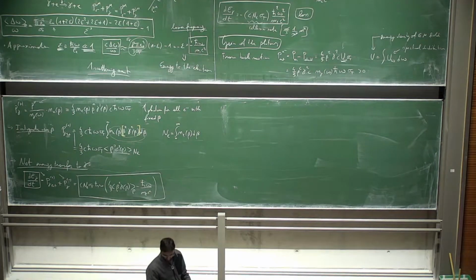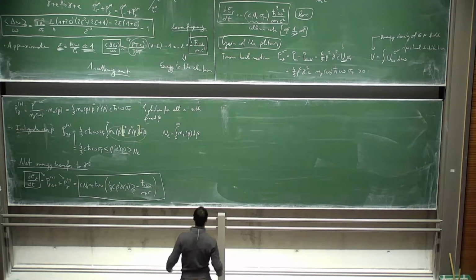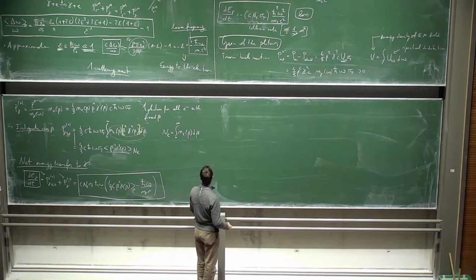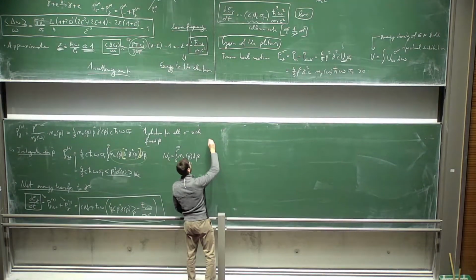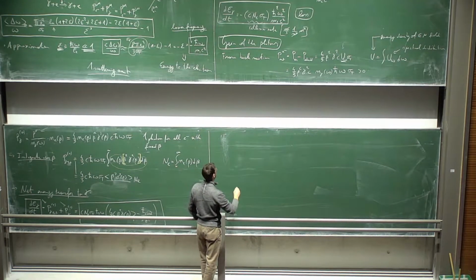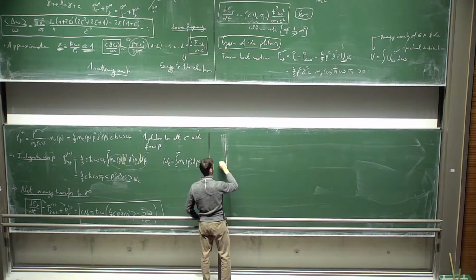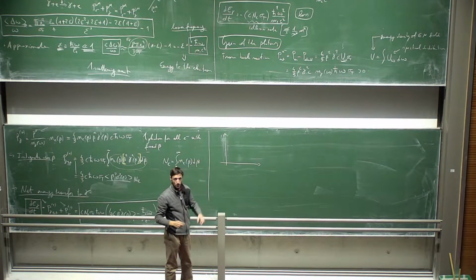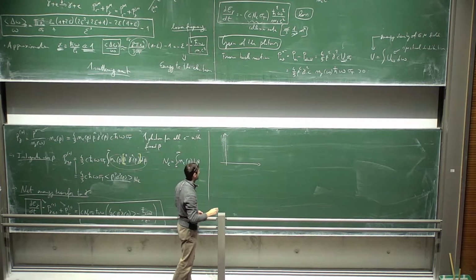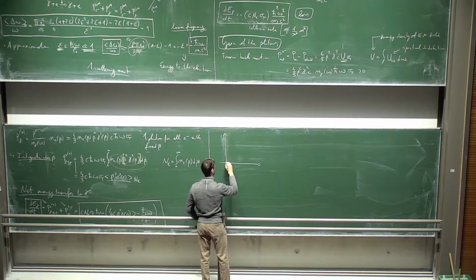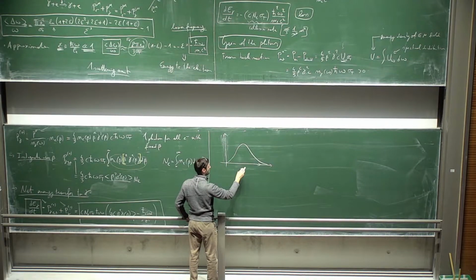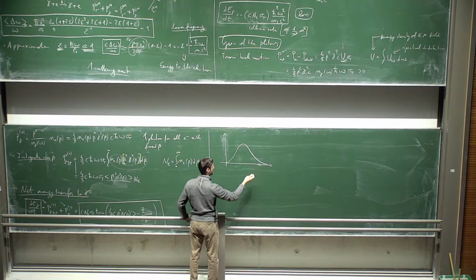Now let's see an application to astrophysics, in which, for example, the number density of photons is related to a spectrum.